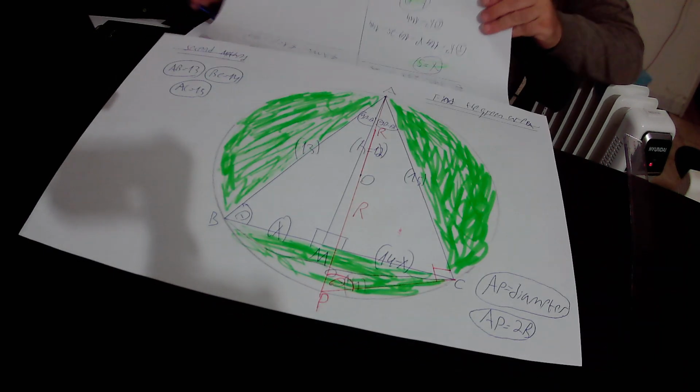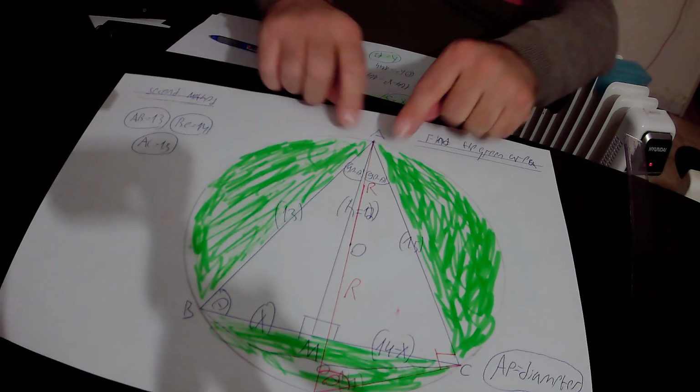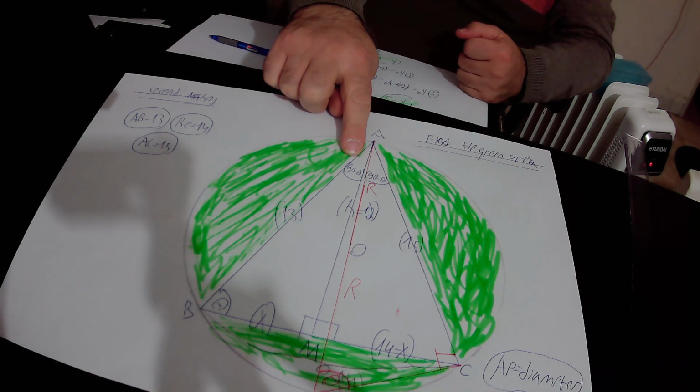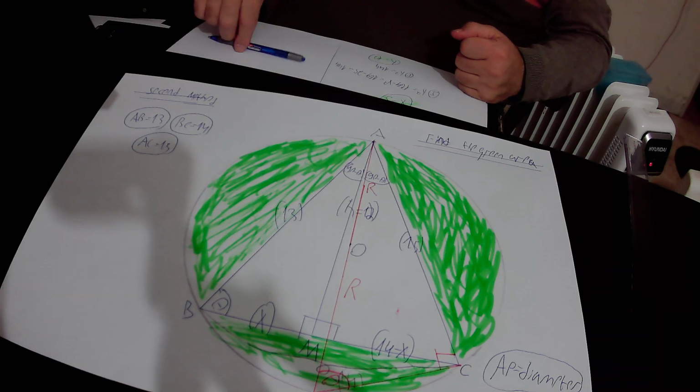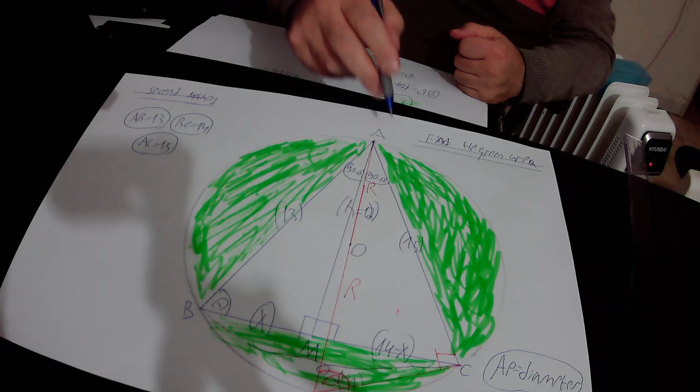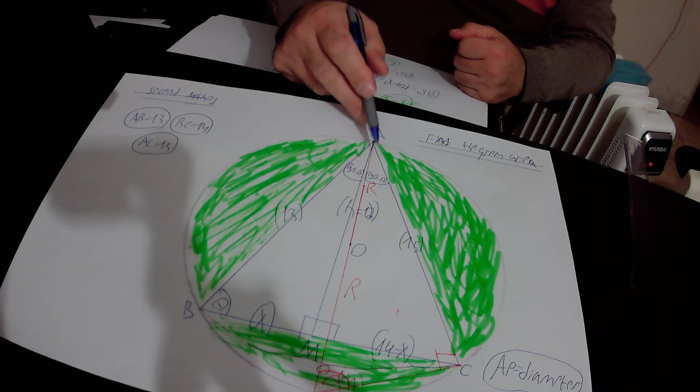And finally, those two angles are both equal to 90 degrees minus theta, therefore they are equal to each other. So this is actually angle BAM, and it is equal to this angle that is actually angle PAC.